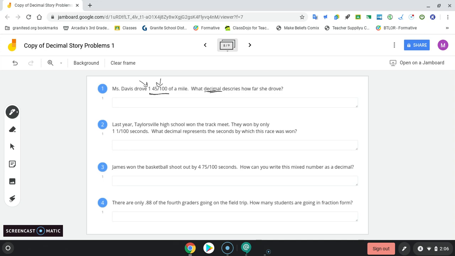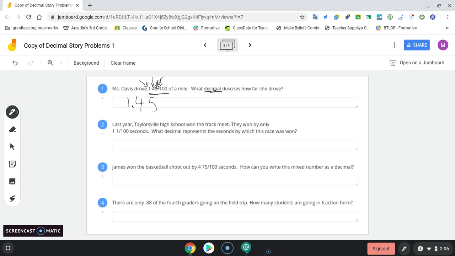Remember, the whole number would be 1. Then you switch over to talking about less than one in decimal form, so you get your decimal point, and then you plug in your tenths and your hundredths of 5, so 1.45 miles.